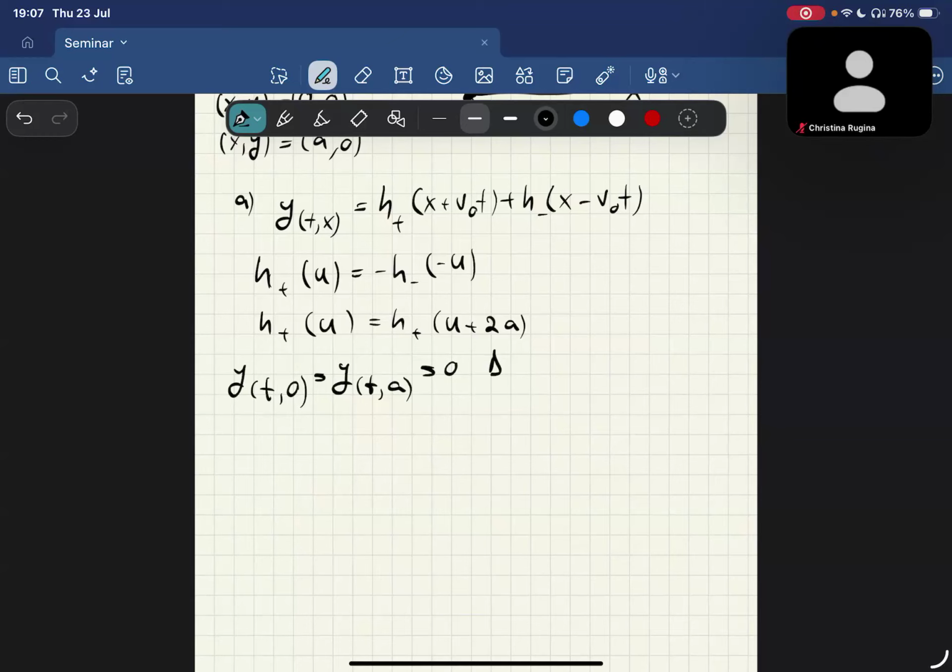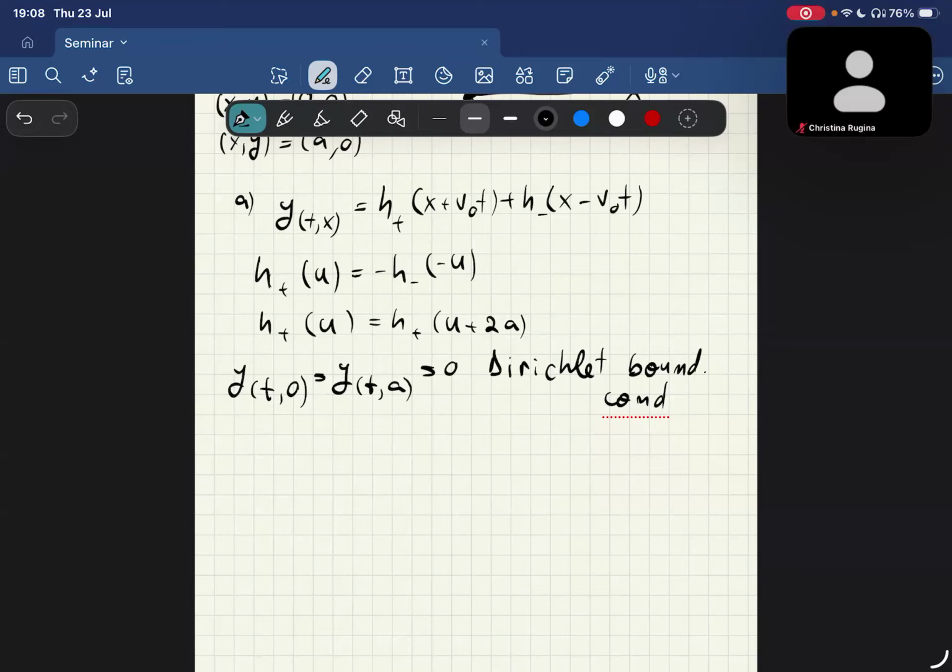This is the Dirichlet boundary condition. There is another condition named the von Neumann boundary condition, where the points are not fixed, but the derivative at the ends is 0, not the function itself.